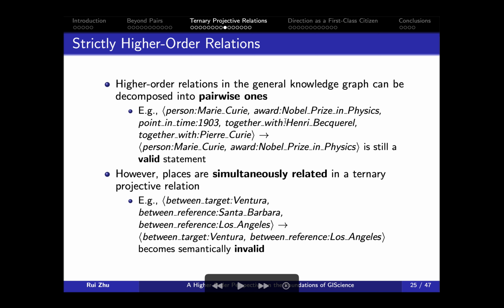If we decompose it into binary relations, such as Marie Curie received the Nobel Prize in Physics, it is still valid. On the contrary, a ternary projective relation such as Ventura is between Los Angeles and Santa Barbara cannot be decomposed into pairs. For example, the statement of Ventura is between Los Angeles is semantically invalid.